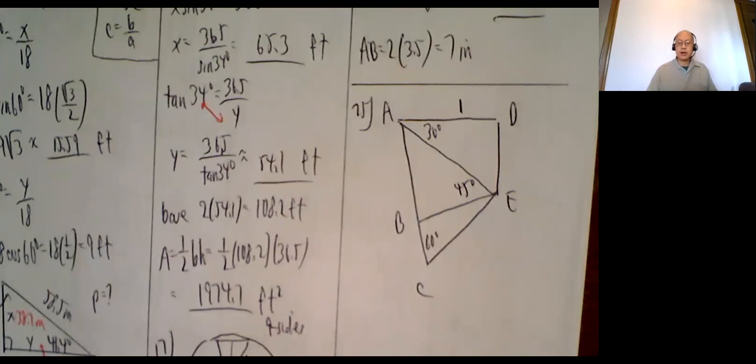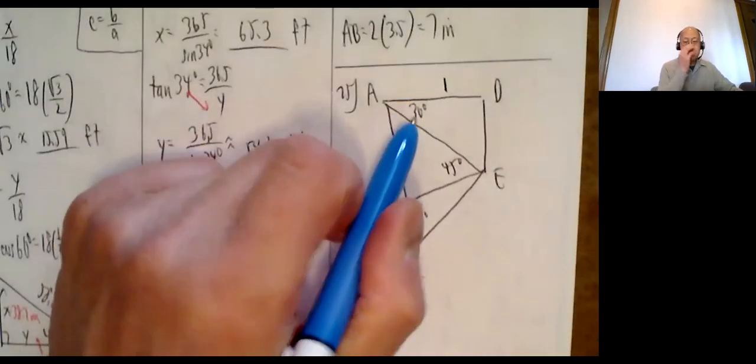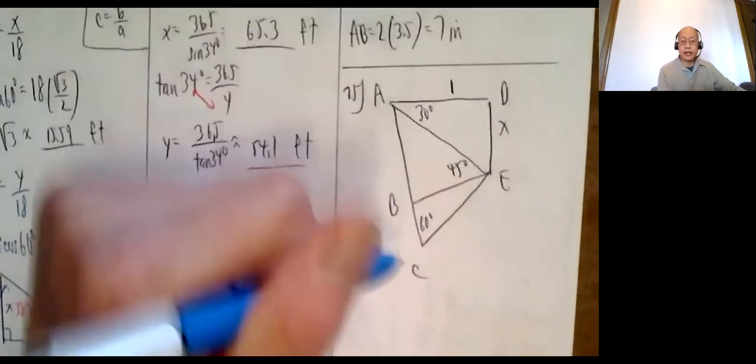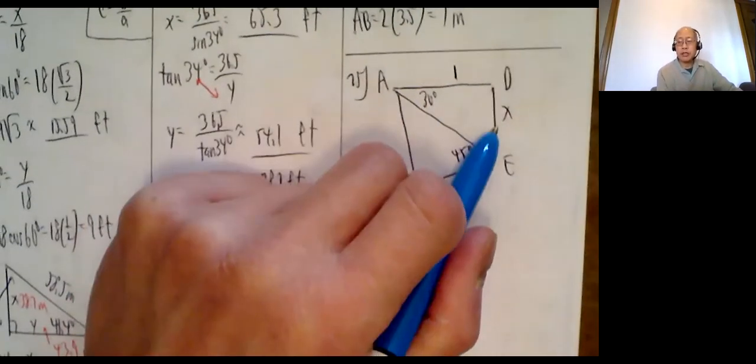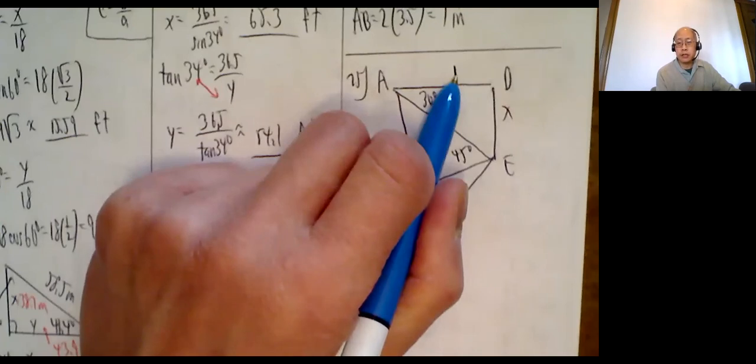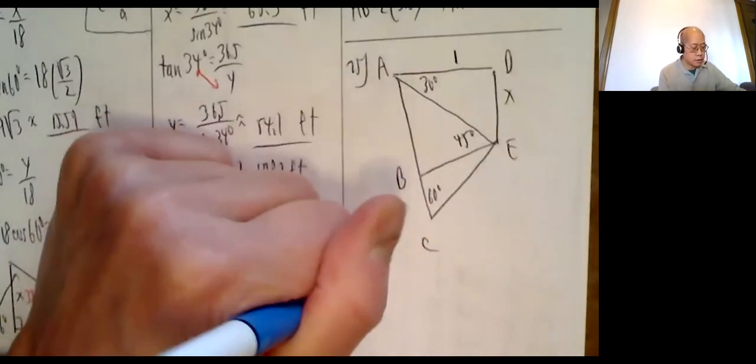Okay, so how do I do that? So find all the other distances. Call this X. Opposite, adjacent, tangent, right?